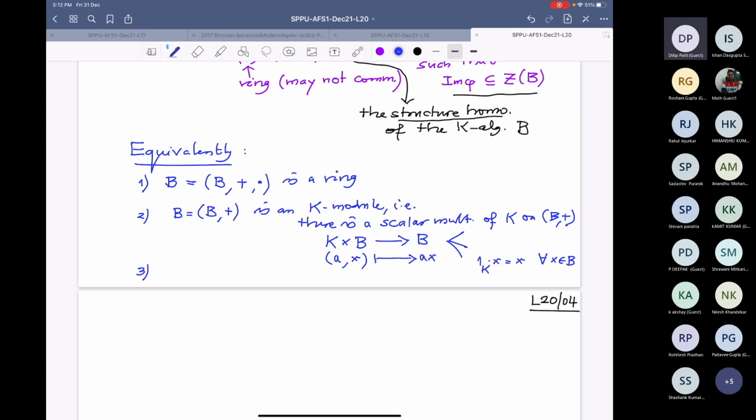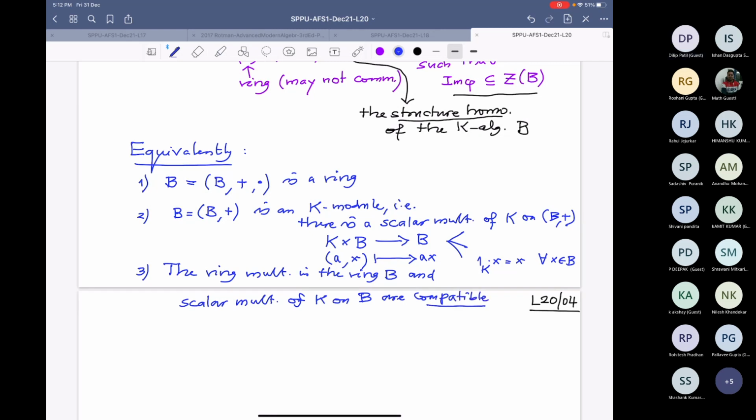So the ring multiplication in the ring B and scalar multiplication of K on B are compatible. Compatibility is a very important issue. Even in life, compatibility is a very important issue. So let us recall what it means.